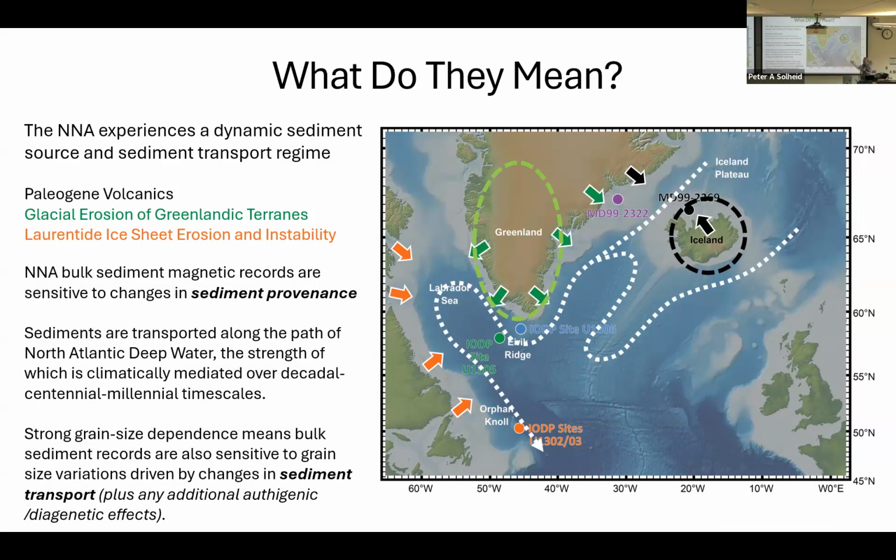But as we've shown, this strong variability in magnetic properties with sediment grain size means that as the strength of that current changes, that could also impart variability on the bulk sediment record. If you deliver more silt versus more clay, you're going to coarsen your magnetic grain size record. You're going to increase the susceptibility of it. So you can have no change in source, just texture, that can also change how your bulk sediment record is changing.